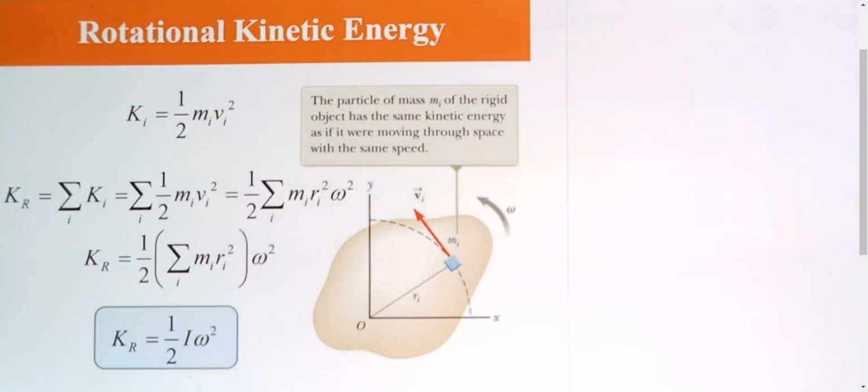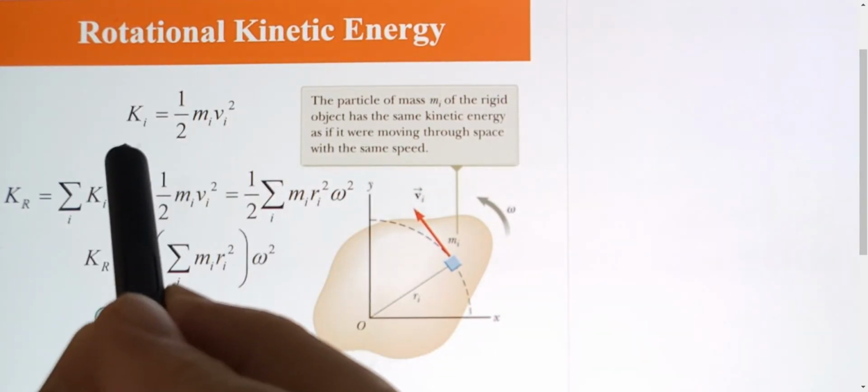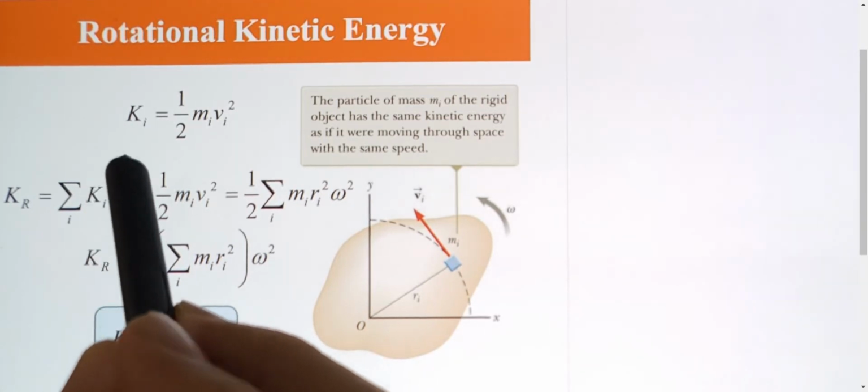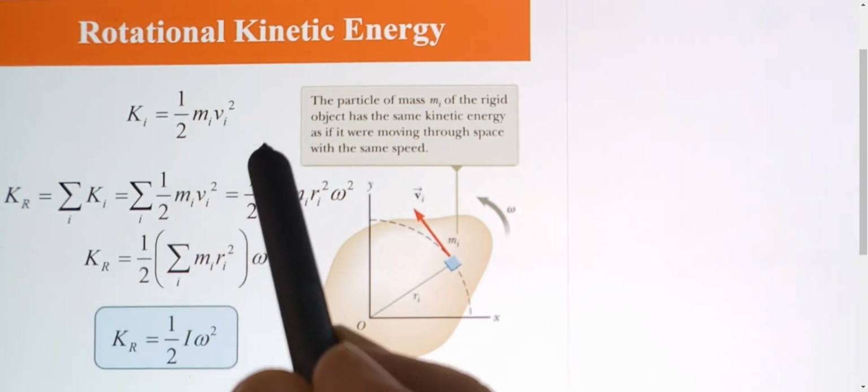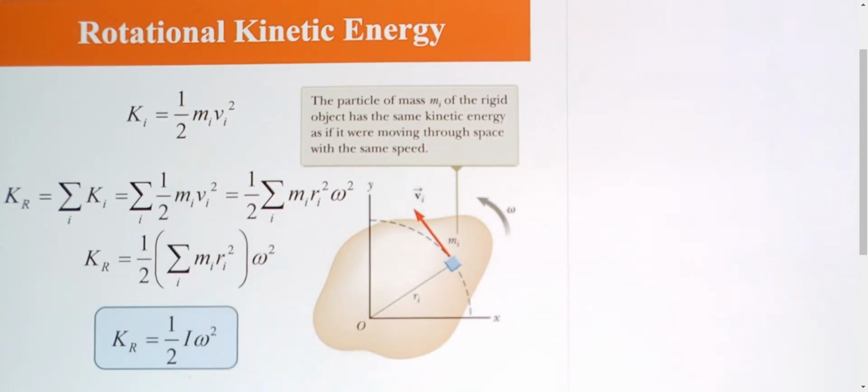Now we have covered everything equivalent in linear motion, and what is equivalent in angular motion. So in linear motion we know that the kinetic energy is half mv square. What is equivalent in rotational kinetic energy?